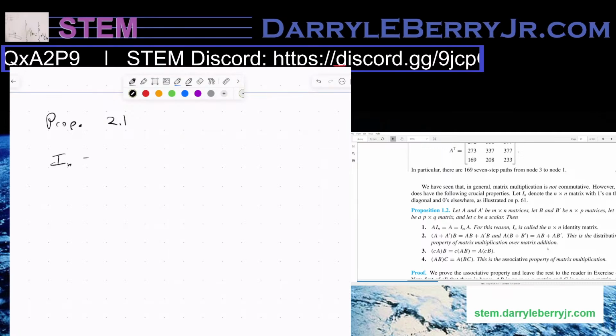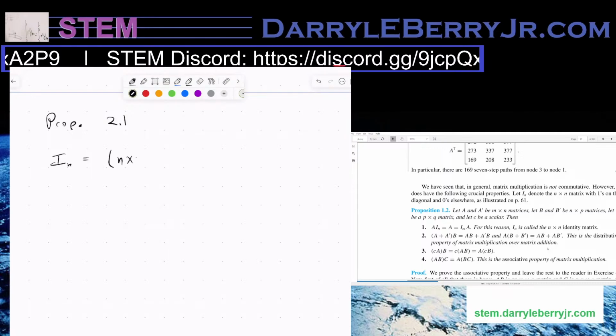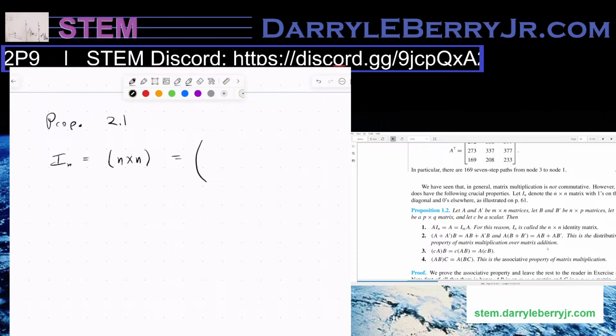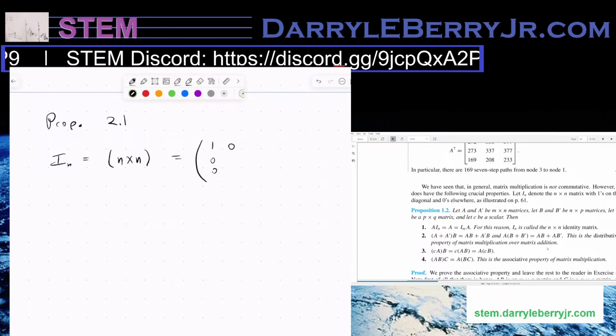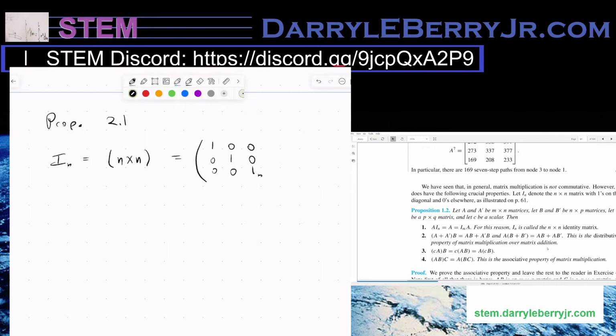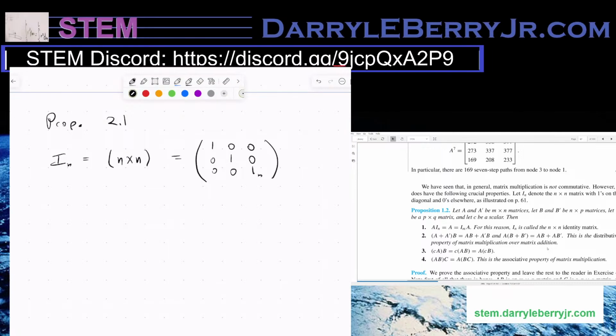I_n is an n by n matrix which equals 1, 0, 0, 0, 1, 0, 0, 0, 1. So that's the identity matrix.